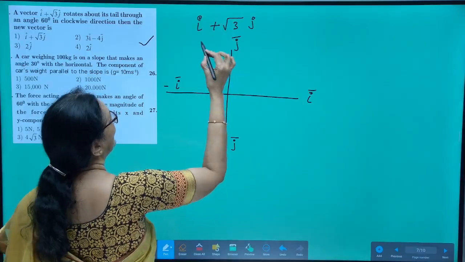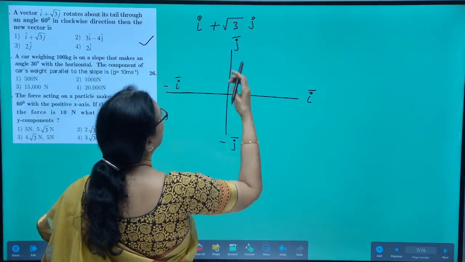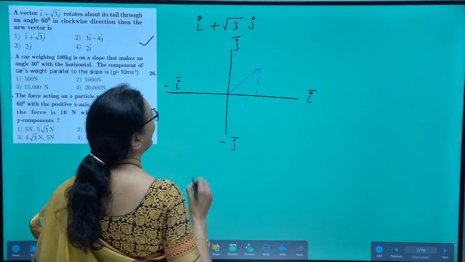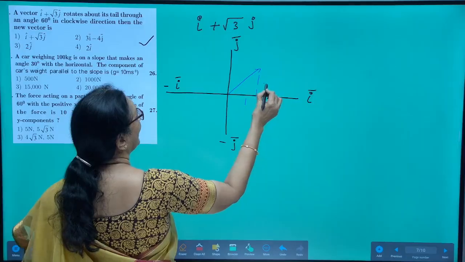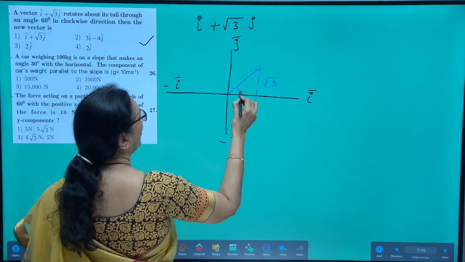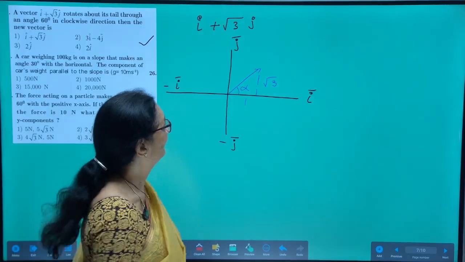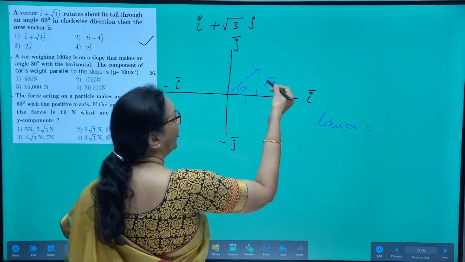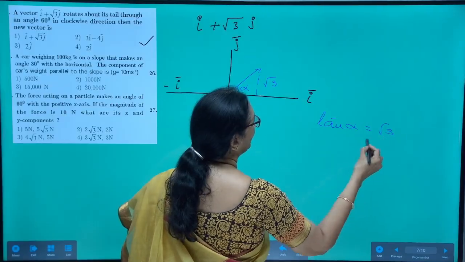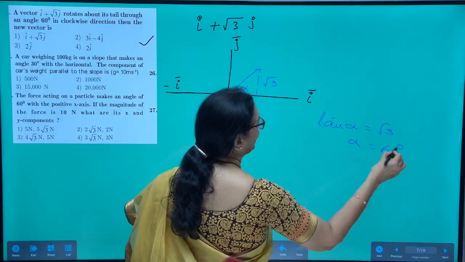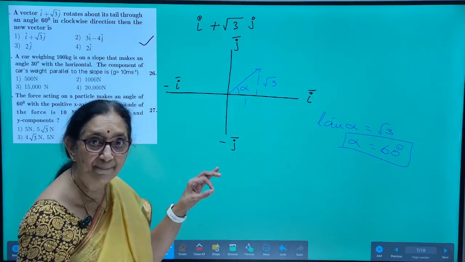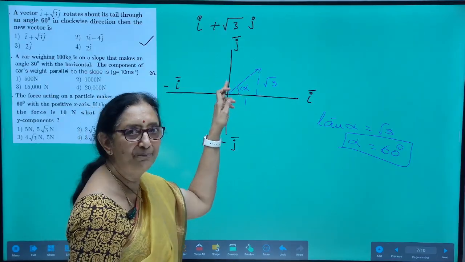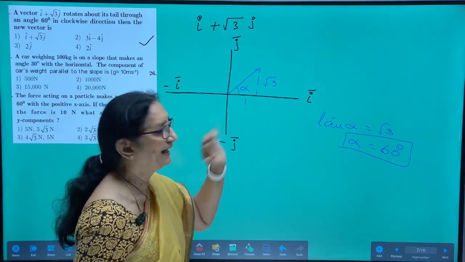This vector is i bar plus root 3 j bar, so it is in the first quadrant. Along the x-axis component is 1, along the y-axis component is root 3. So what is this angle? From this diagram, it is very clear, tan alpha is equal to opposite side by adjacent side, root 3, so alpha is equal to 60 degrees. So from the given data, we could draw the figure and find the angle made by the given vector with the x-axis.